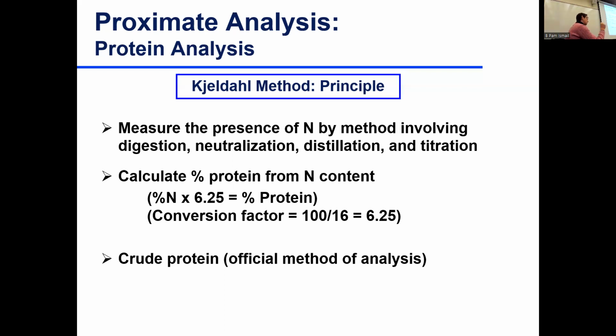All the amine groups are assumed to come from protein, but there are other components that have amine groups. Some vitamins have amine groups, some like urea, residual, nucleic acids. So you might have other sources of nitrogen, but we're assuming that all of them are coming from the protein. That's why it's not an exact measure of protein content. It's the crude protein content.